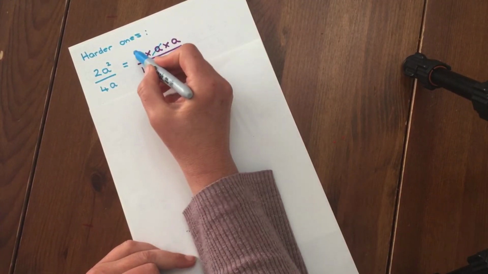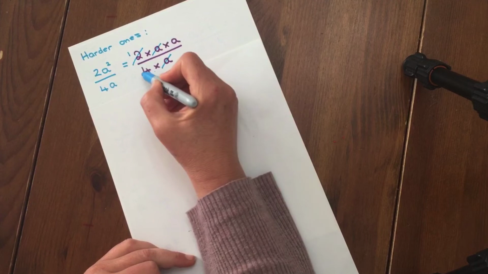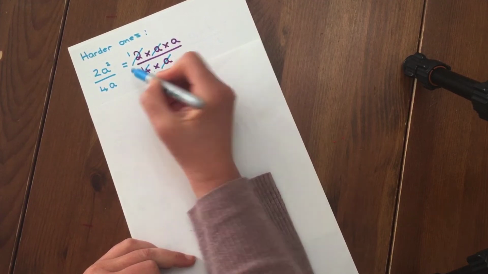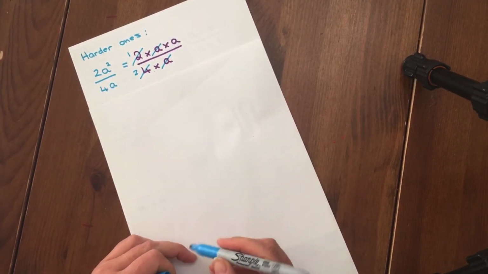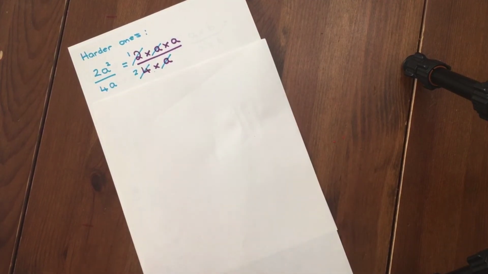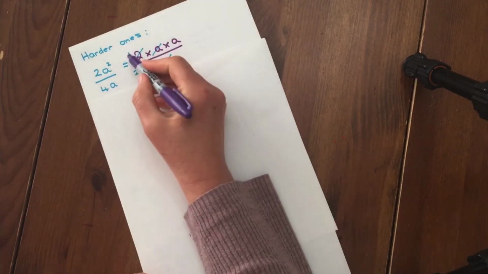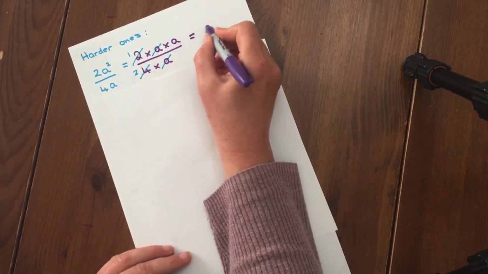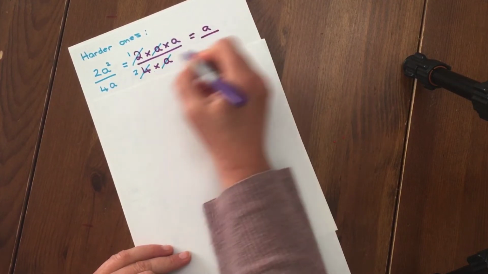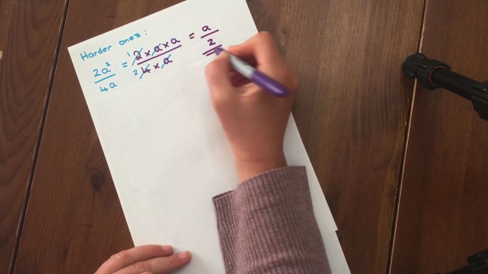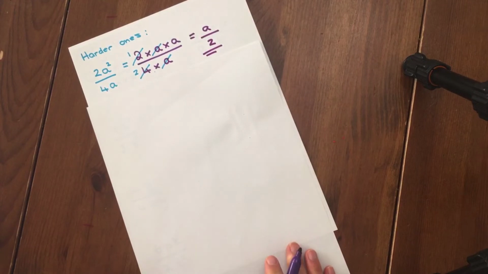Right, 2 goes into 2 once, 2 goes into 4 twice. So on the top I have got 1 times A, which is A, and the bottom I've just got a 2. So that's my answer. Getting really difficult now. Try that again if you need to reinforce that.